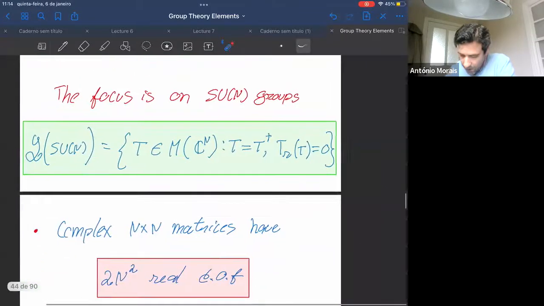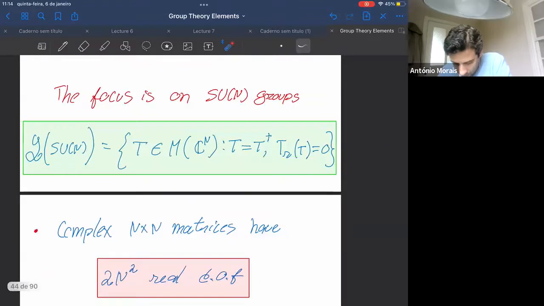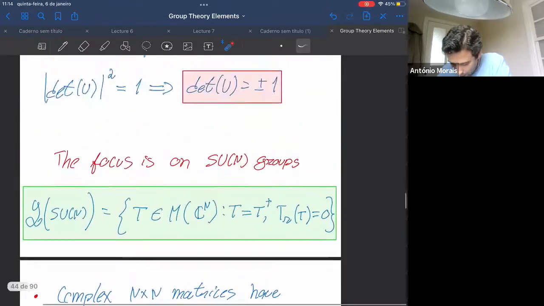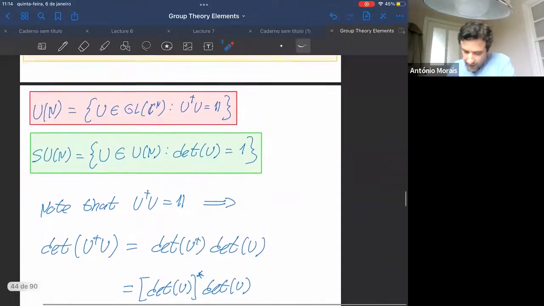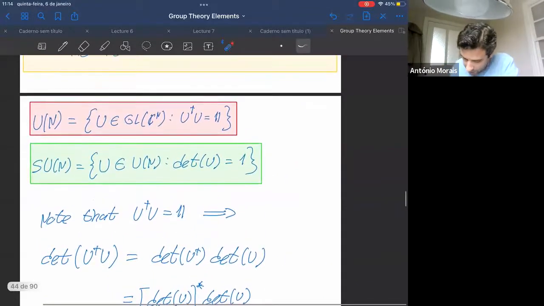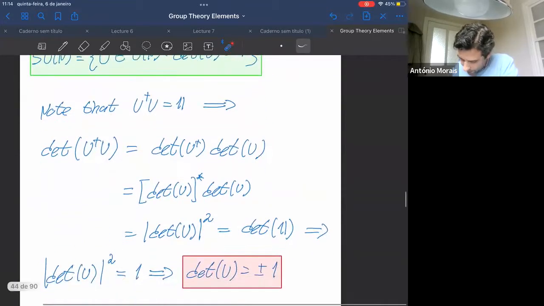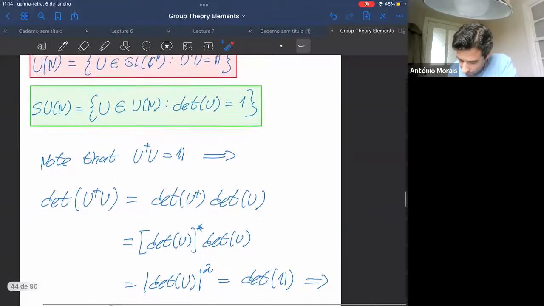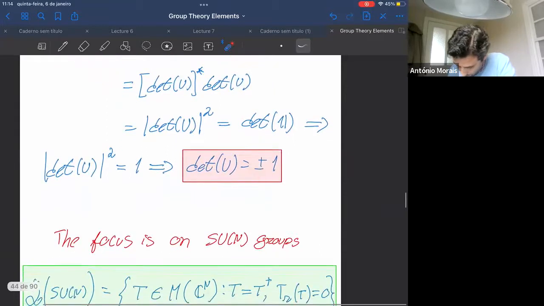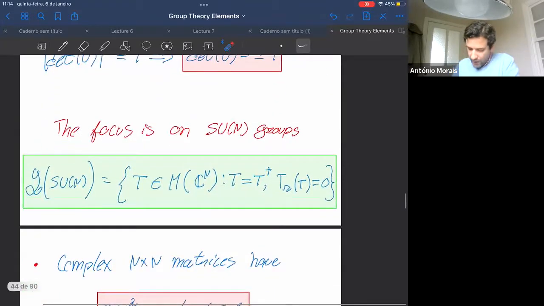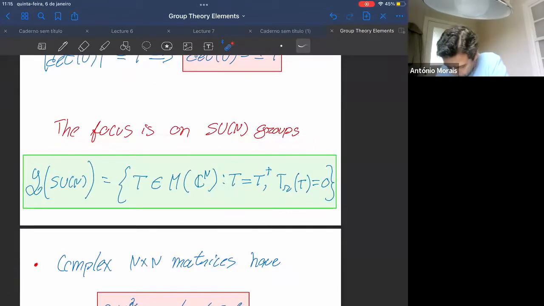Maybe I will remember. Yeah, exactly. Now I remember. It's just to say that when you have unitary matrices, the determinant can be either plus or minus 1. But for special unitary groups, the determinant is 1, not minus 1. So that's why I say the focus here is on SU(N) groups.